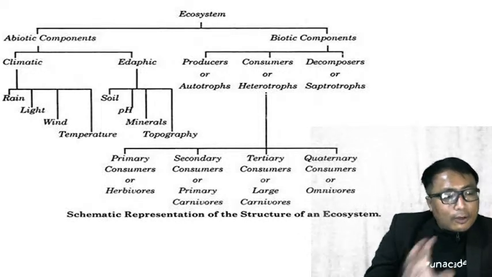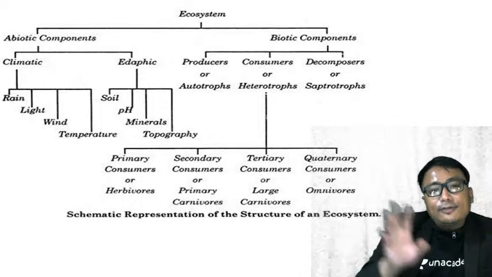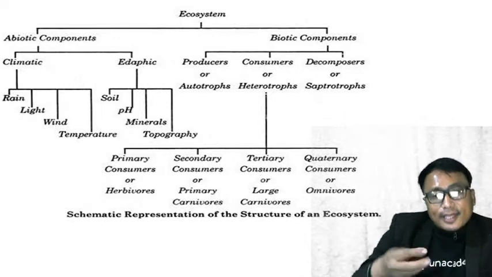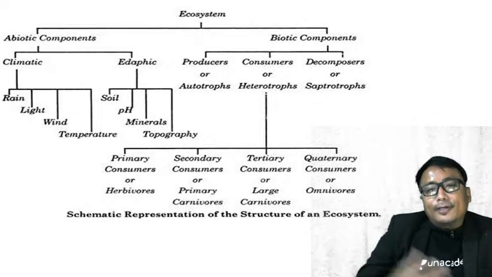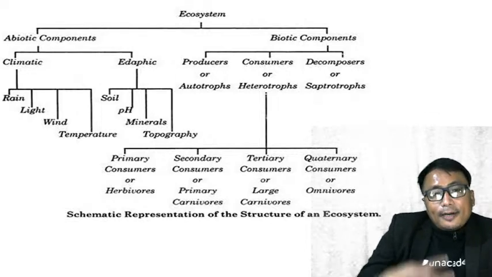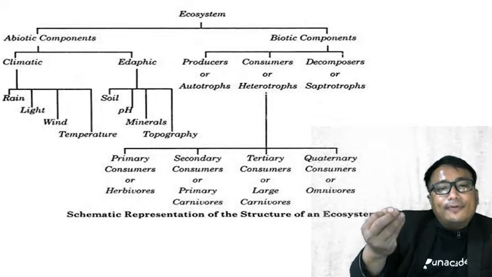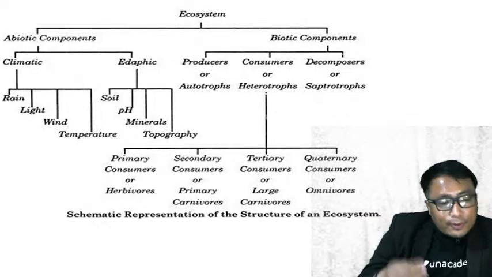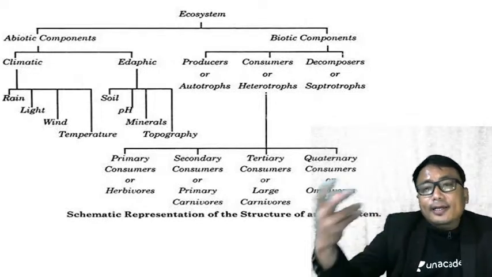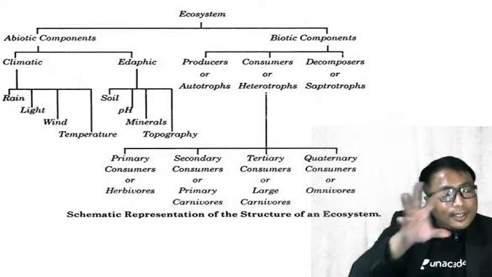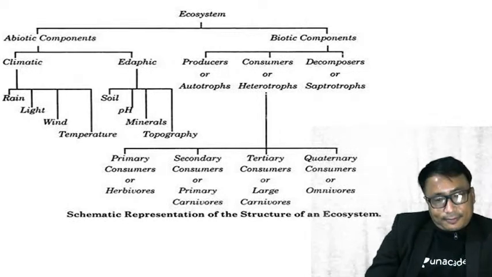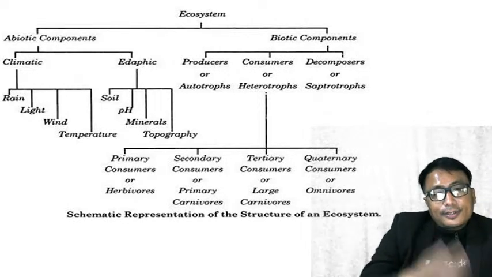Consumers or heterotrophs can be further divided into primary consumer, secondary consumer, tertiary consumer, and quaternary consumer. For example, herbivores can be an example of a primary consumer. Herbivores feed on the green plants, so they are primary consumers because they feed on the producers.